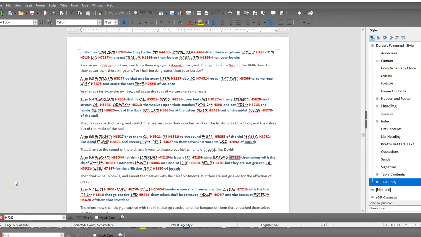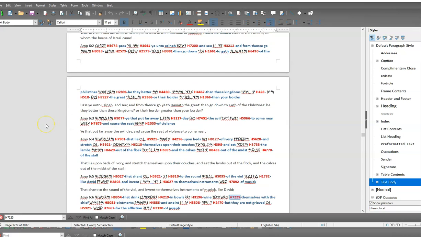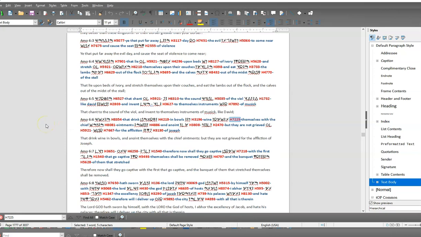And again in Amos 6:6, we're talking about various nations here. I don't know that I have to really pin down which nation in context. Woe to them that are in ease in Zion and Shomron, the verse we just saw.